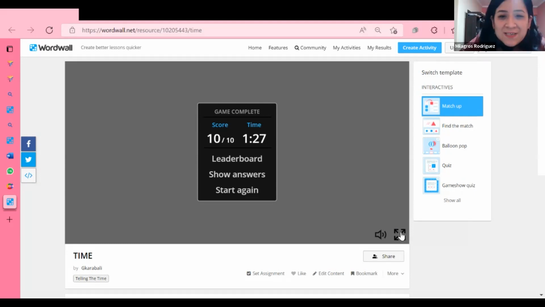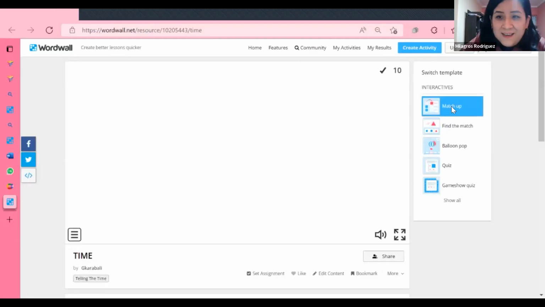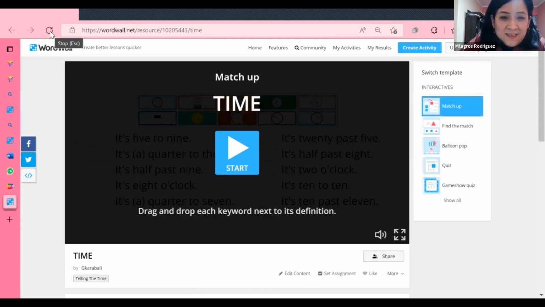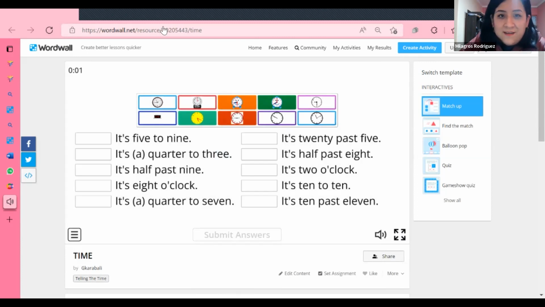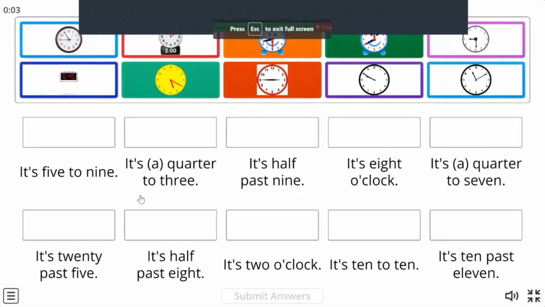You had to maximize. Abajo hay un cuadradito, lo puedes. No lo pude, pero bueno. Yes, exactly. You have to click on start and then click on this square. And that's it. No, no me percaté de eso.